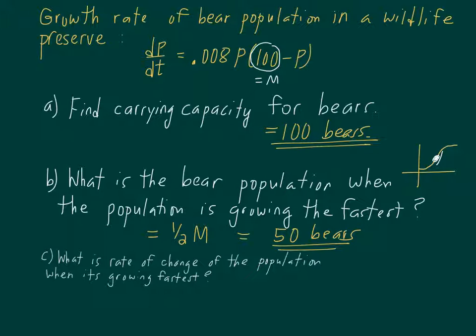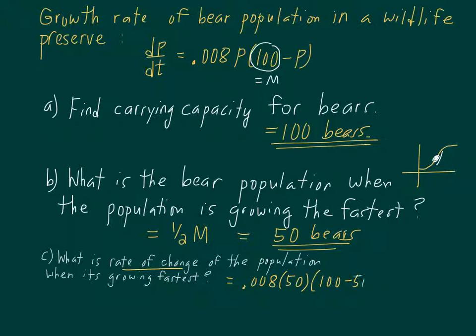And finally here, last question. We want to know, what is the rate of change of the population when it's growing the fastest? Well, we said it's growing the fastest at 50 bears. If we want the rate of change, we're going to use the differential equation that we're given. So we know that we have 0.008, that's the k, or the constant of proportionality. We know that the population at this moment in time, when it's growing the fastest, is 50, so that's going to go in for p.